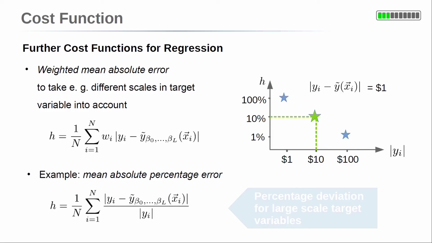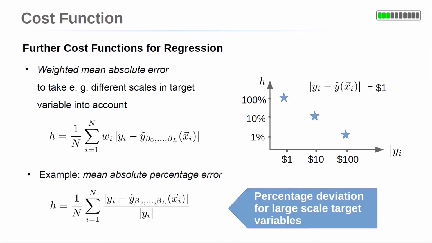If the true value is $10, the deviation is 10%, and so on. So this cost function can be very useful if a broad value range is considered and percentage deviations are natural to measure the model quality.